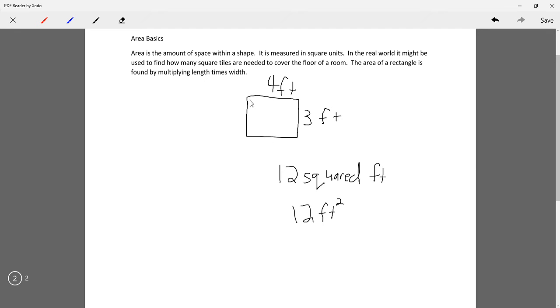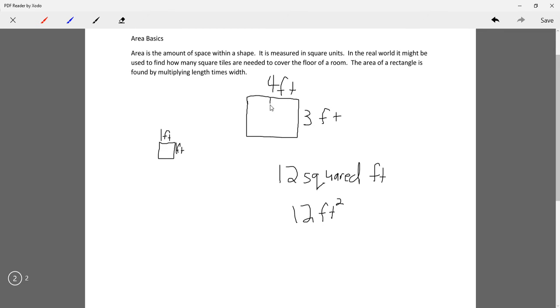Basically what that means is a square foot is just a square that has a length and width of 1 foot. So this is a square foot. And I can show you that it would take 12 square feet.